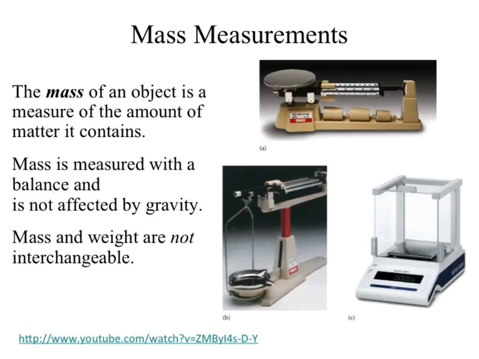Mass measurements, we got these things called balances. I have a colleague that hates it when people refer to them as scales. Because a scale, what has scales? Fish have scales. We use balances. Right.